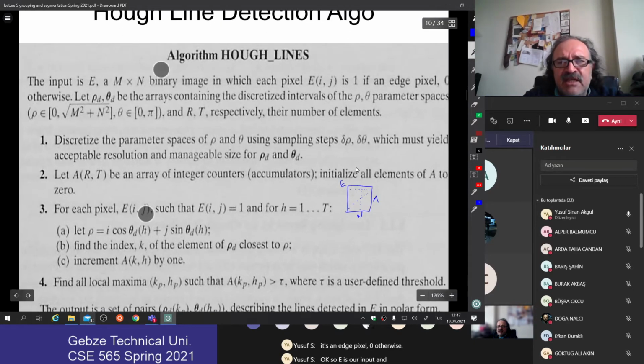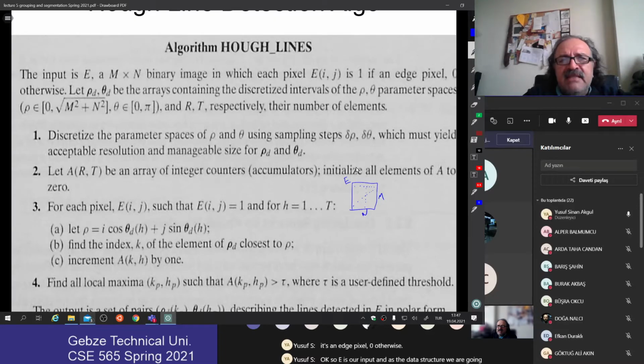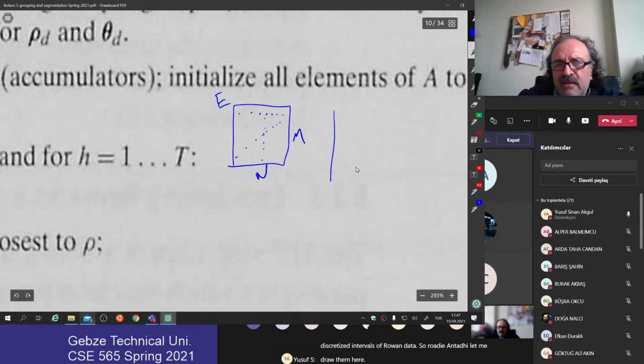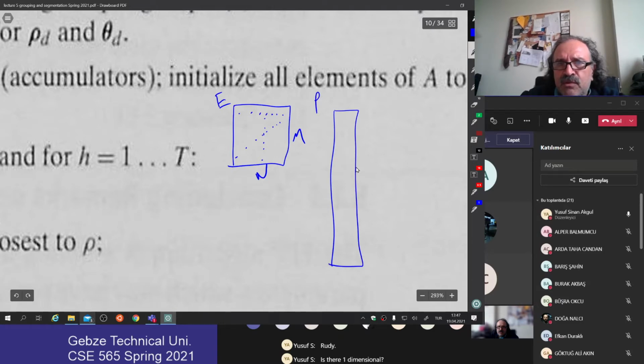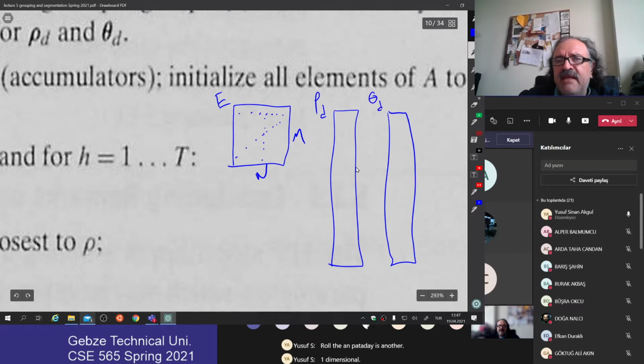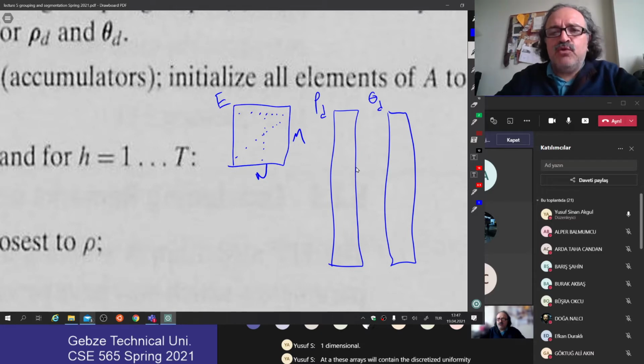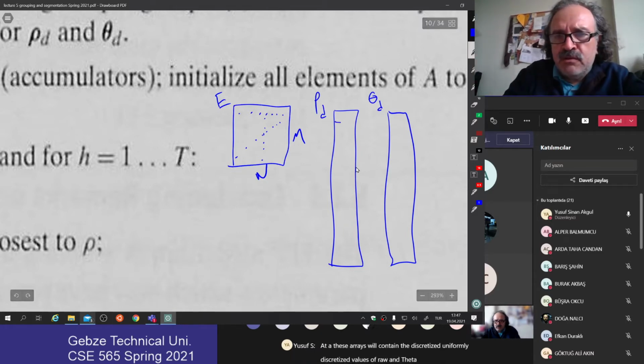And as the data structure, we are going to do this. Let rho d and theta d be the arrays containing the discretized intervals of rho and theta. Let me draw them here. Rho d is a one-dimensional array, and theta d is another one-dimensional array. These arrays will contain the uniformly discretized values of rho and theta.